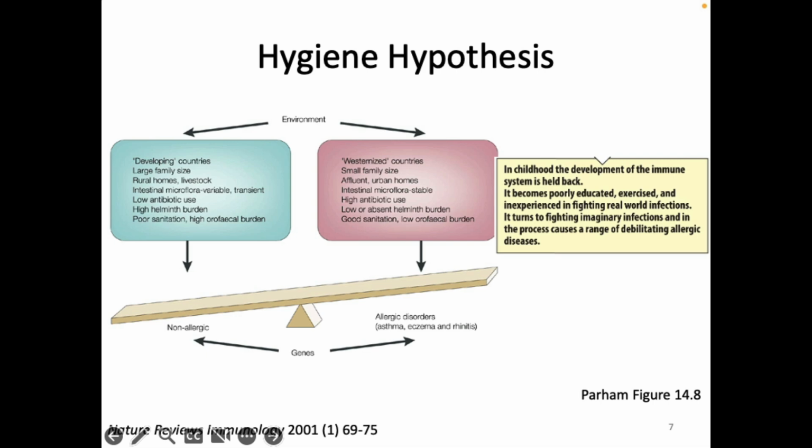You actually can see an epidemiological link that you are more likely to have allergy or autoimmune, particularly allergies, if you are from a family with fewer kids. If you have more siblings, you're more likely to not have allergies. If you're from a more affluent urban home, you're more likely to have allergies.